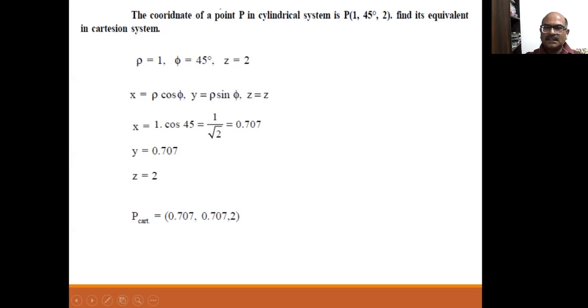So the point in the cylindrical system (1, 45 degrees, 2) is actually (0.707, 0.707, 2) in Cartesian. So we can do the cylindrical to Cartesian transformation like this.